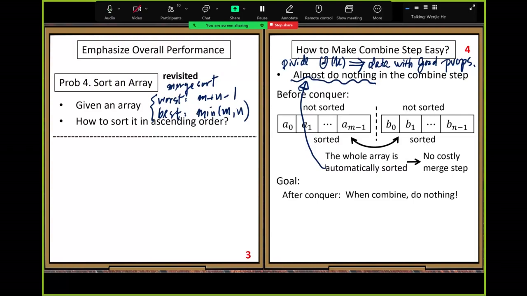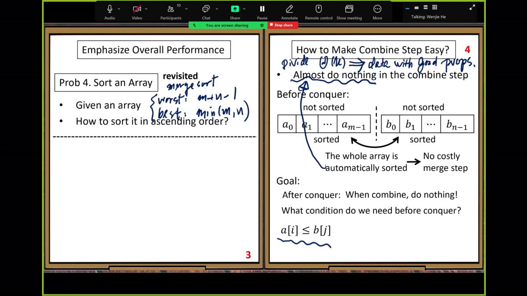The question is, what's the property? You can make some brave assumption here. You need to understand your data. What property of your data do you want to assume after the divide step? Think about this as the main property.